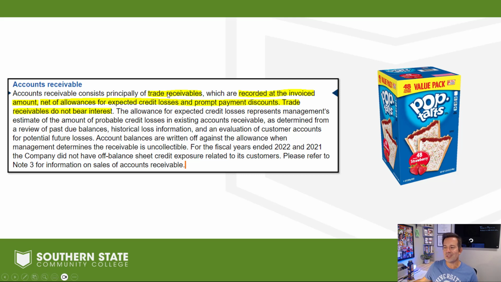When Kellogg's sells a crate of Pop-Tarts to Walmart, usually they let Walmart pay on credit. That is an accounts receivable when we sell to a customer and let them pay later on. And you can see they record that AR, that trade receivable, at the invoiced amount, and that receivable does not bear interest. Pretty standard way of handling an accounts receivable.